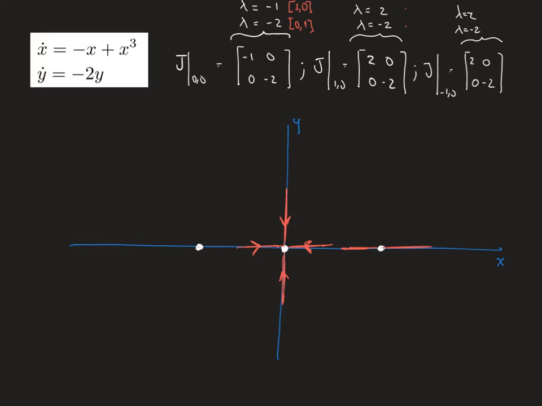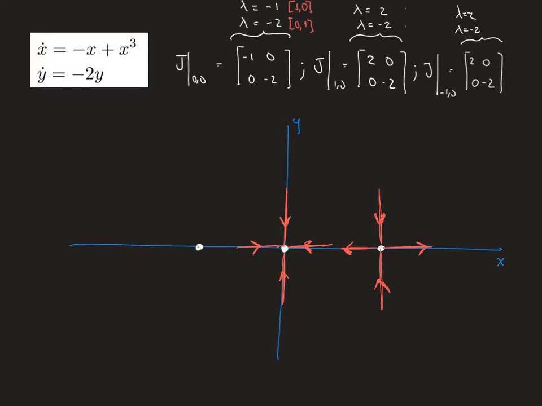It's actually a repeller. So this is going away from this one. And if we go to the other eigenvector, we find the same growth rate, which is -2. So it's an attractor in the y direction.